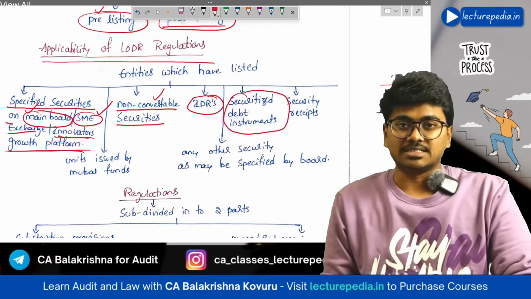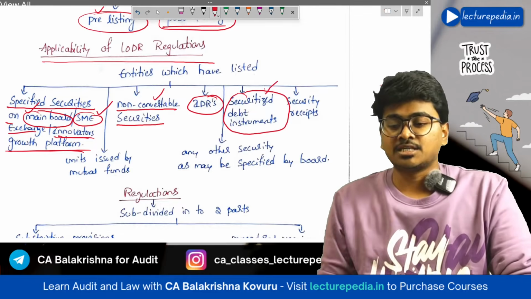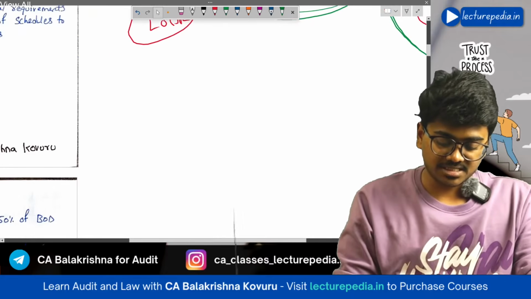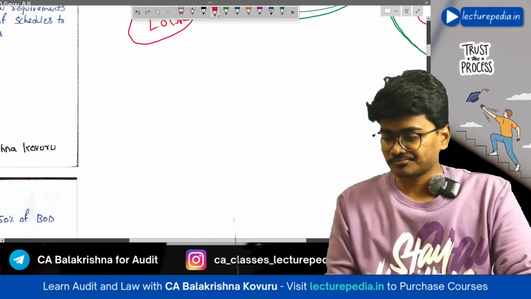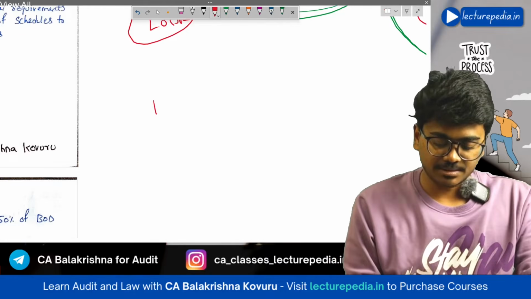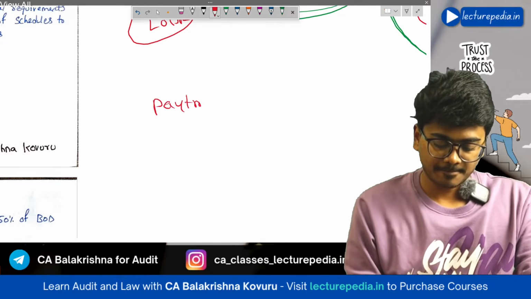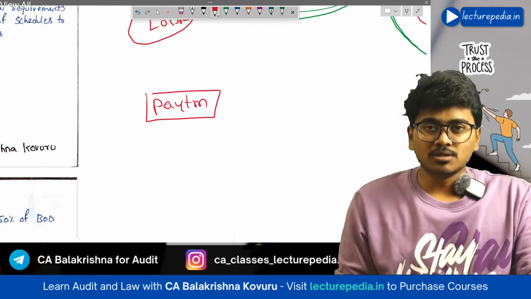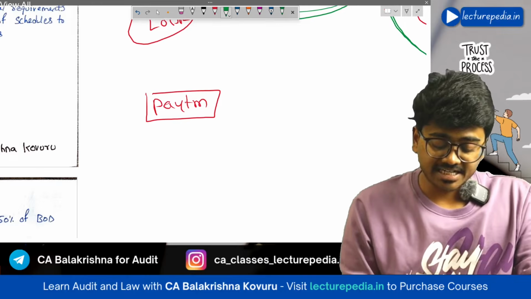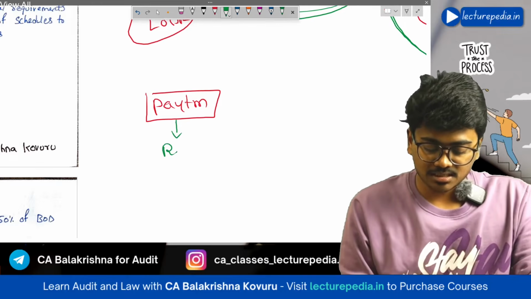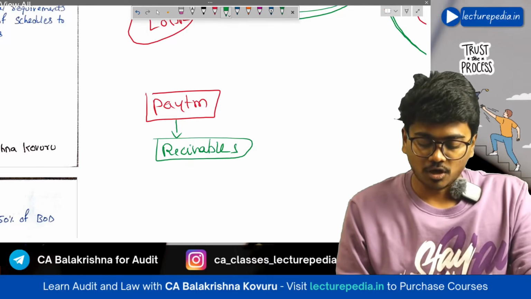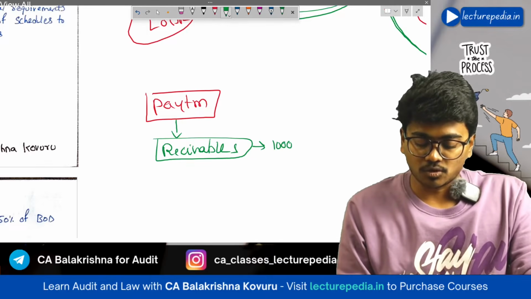Securitized debt instruments. What are these securitized debt instruments? Let's say, for example, there is a company, Paytm. Now, Paytm has various debtors, or you can say receivables, of some 1000 crore rupees.